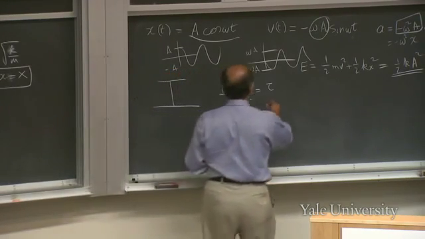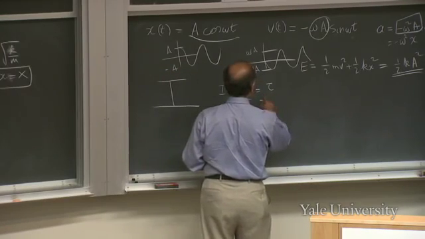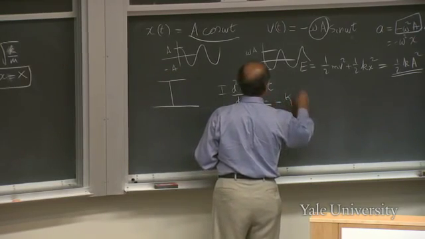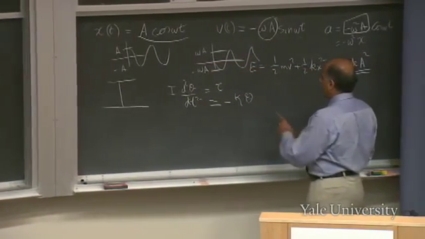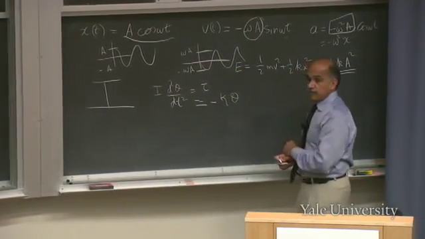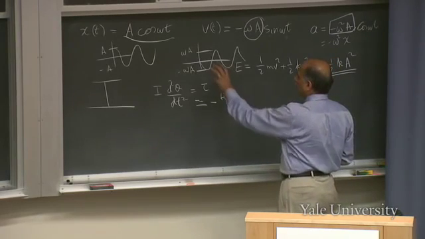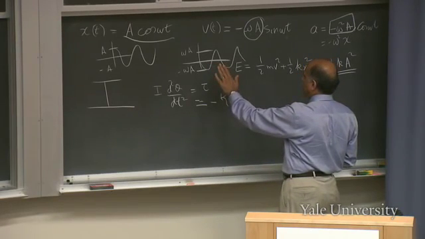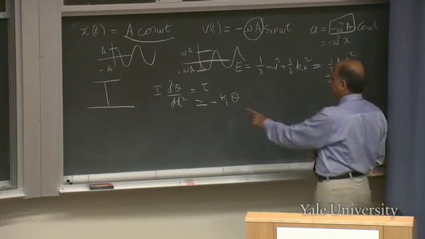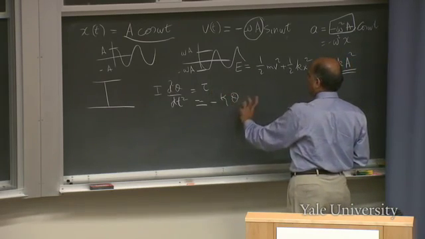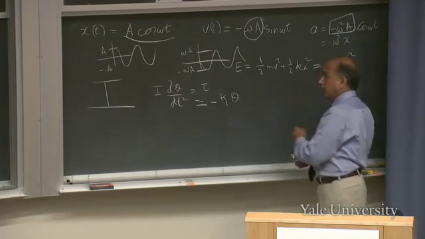So this will be approximately equal to minus some number kappa times theta. This is the analog of minus kx. Little k was the restoring force divided by the displacement, which produced the restoring force. Little kappa is the restoring torque divided by the angle at which you twisted it to get that torque.